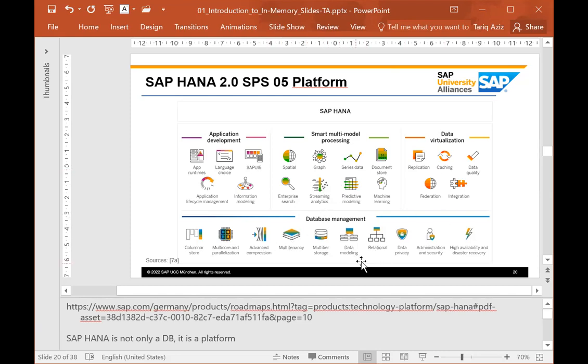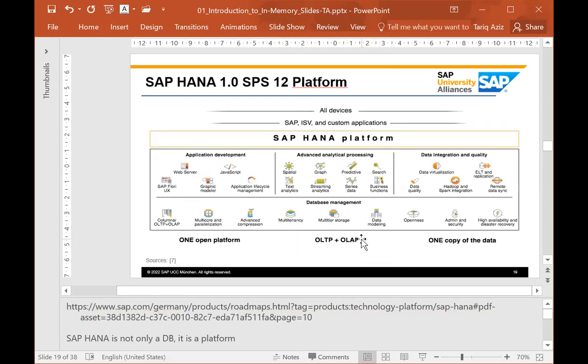I think this relation was not available in HANA 1.0, and they created the relation of tables in this part. Advanced compression was there, multi-tenancy was there, multi-tier was there, data modeling was there, but I didn't find this part in the previous one.